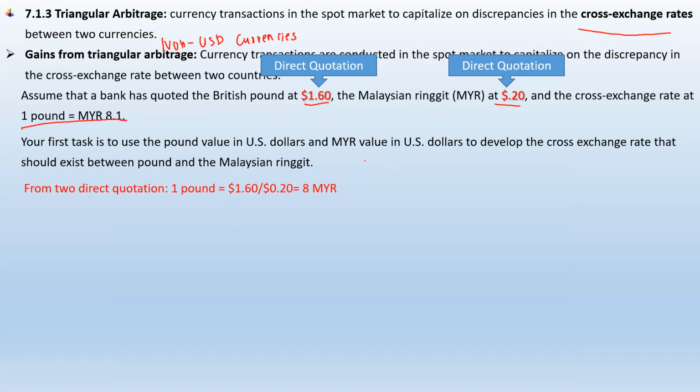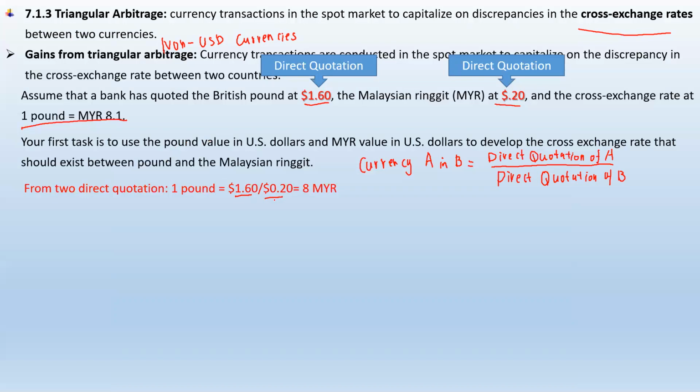The rule of thumb: the value of currency A in currency B equals the direct quotation of A divided by direct quotation of B. The direct quotation of British pound is $1.6.